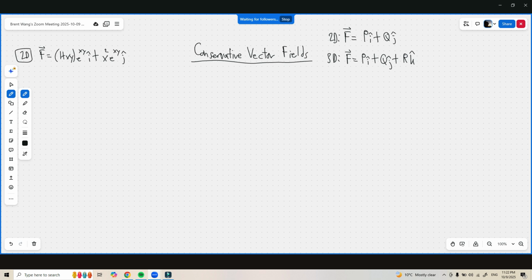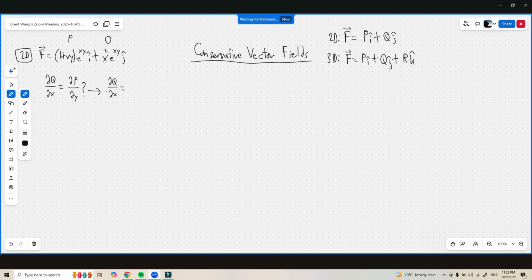The conservative test is to see if dQ/dx is equal to dP/dy. If it is, then this vector field is conservative.